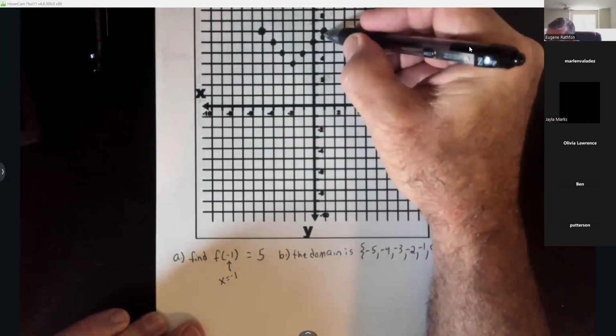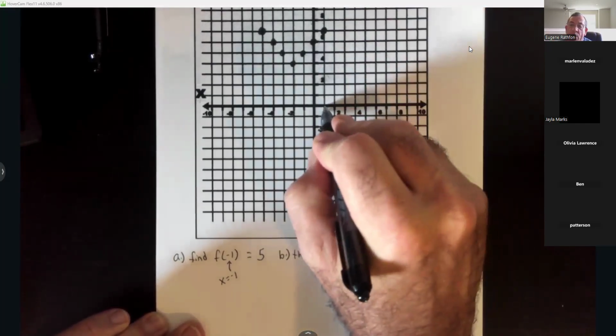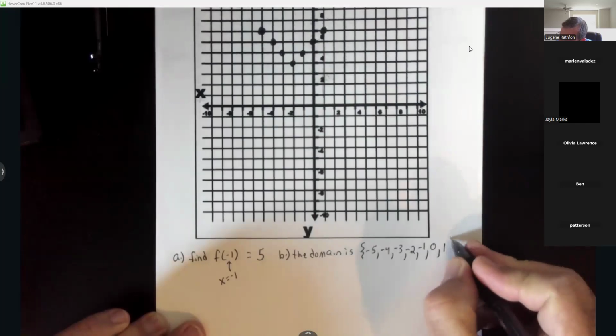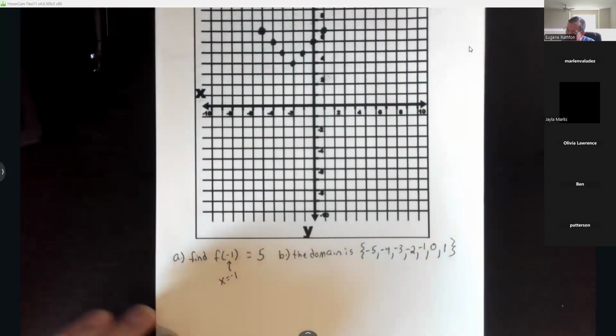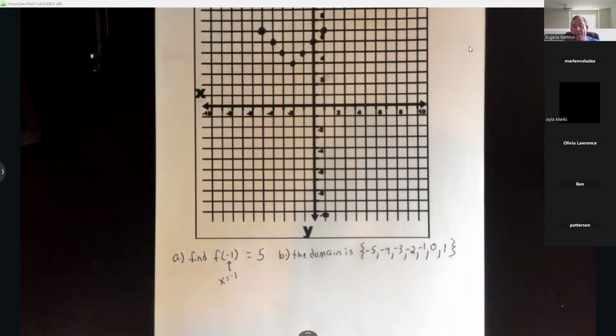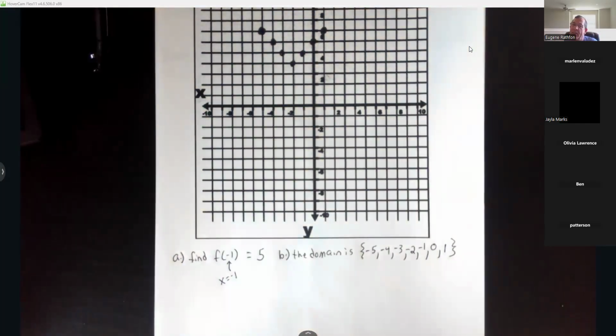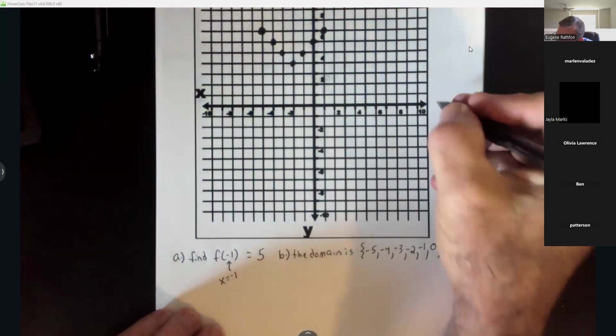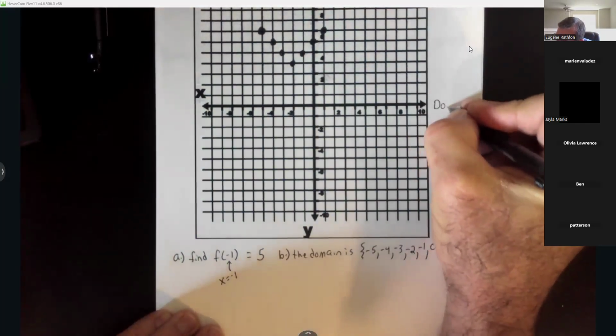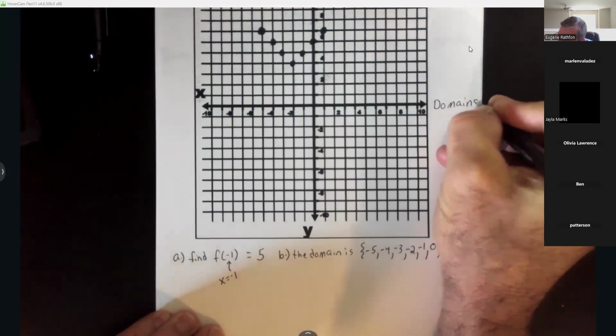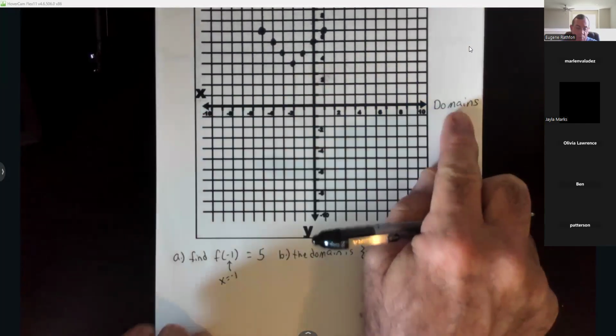And then my last point here, if I come down, has an x value of 1. So you're going to go through your 7 points and looking for only the x values since all they wanted was the domain. So you can treat this x-axis as your domains here, okay? These are going to be the domain values.